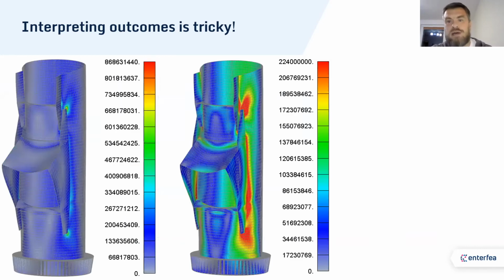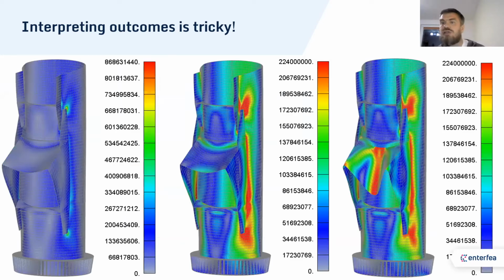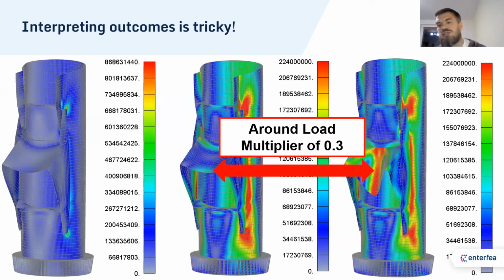And if we would compare linear outcomes and nonlinear outcomes, you will notice that there is a distinctive change in this plate, and it happens around the multiplier of 0.3. You see, this plate strengthened the structure if the wind was in a correct direction, and it would actually buckle under the load multiplier of 0.3.